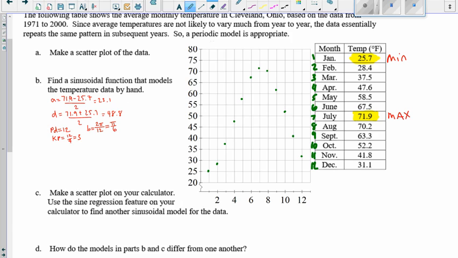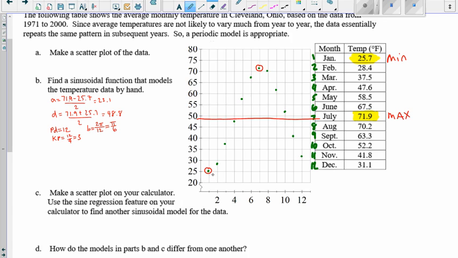So for this, if I think about my midline being at 48.8, that would be somewhere in between 45 and 50, so somewhere in here. So if I look at that, I can see my minimum, we said, was at January, and my maximum in July, so up here. So I'm going to start with a cosine graph because I can use a phase shift of 1.